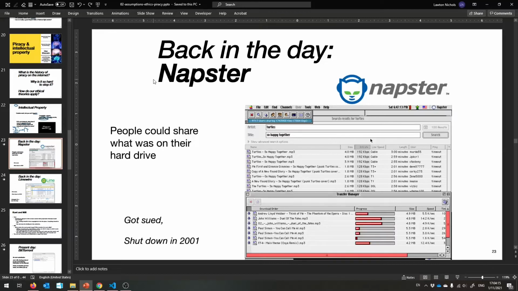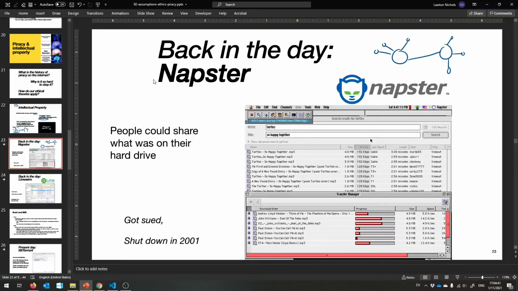What happened was you connected to the internet, and you connected to Napster. But Napster wasn't just one place. It wasn't one website. It was a network of a bunch of other computers who were themselves running the Napster program. This is just one big network. It's called a peer-to-peer network.